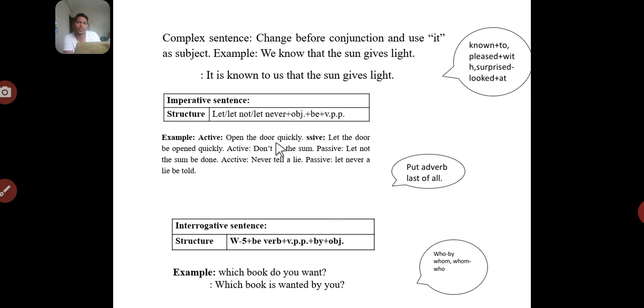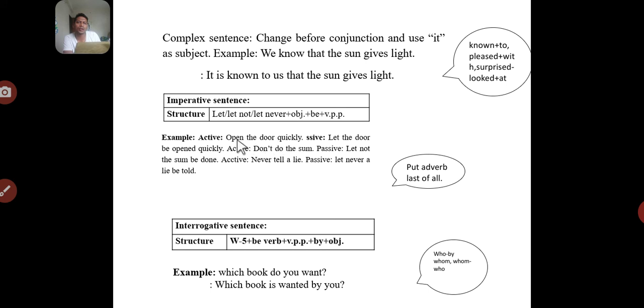For example, open the door. Here there is no not or never, so the answer will be let. Then bring the object. Here the object is the door.